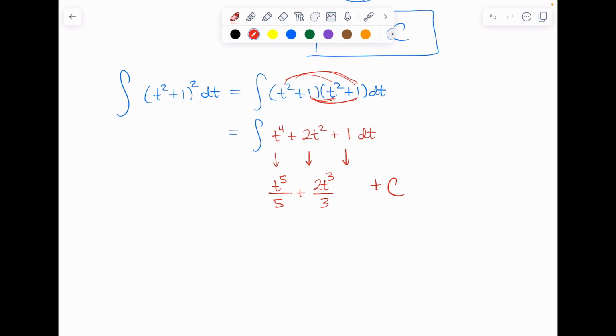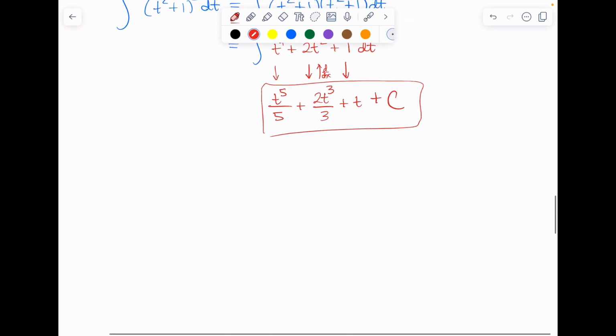If you don't believe me, just take the derivative. The derivative should take you back to 2t squared. And then the 1, it's just going to be t, right? The derivative of t is 1. There we go. There's our antiderivative. Let's maybe try to do 2 more. We're kind of going speed round. I don't want to waste y'all's time here.